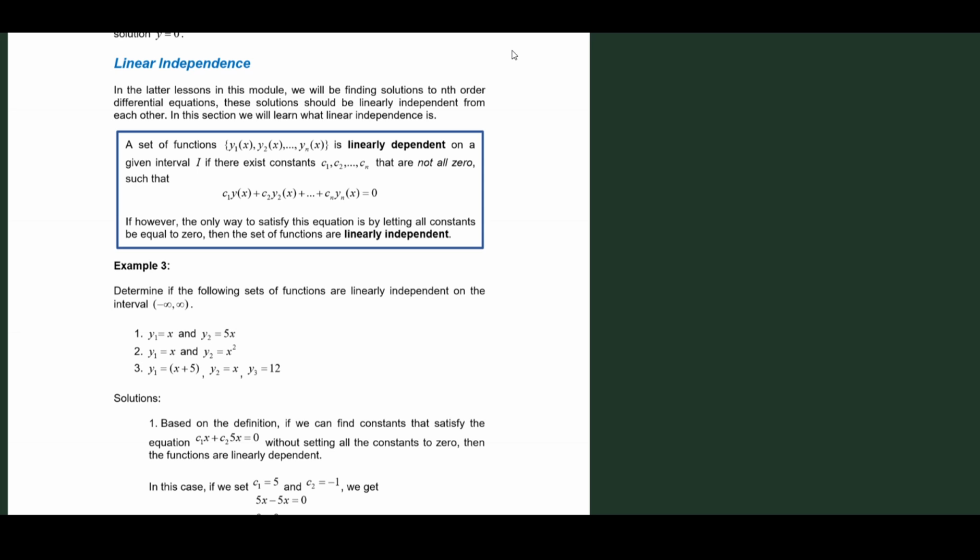If, however, the only way to satisfy this equation is by letting all constants be equal to 0, then the set of functions are linearly independent.